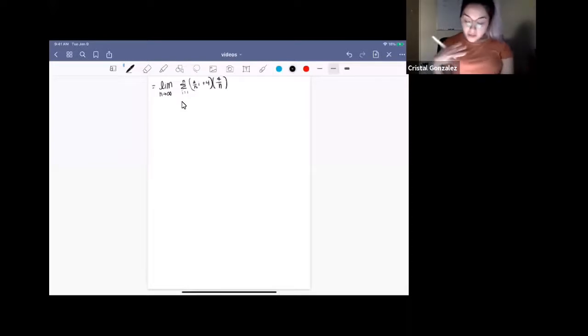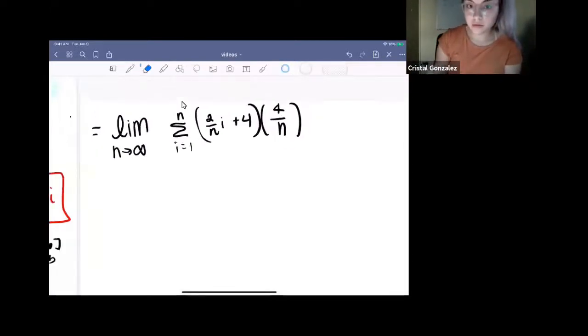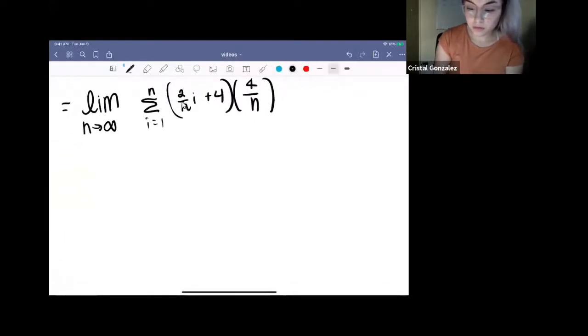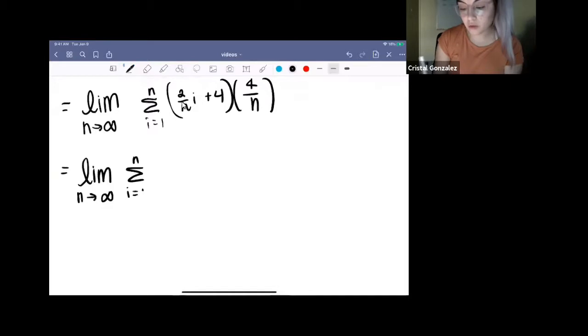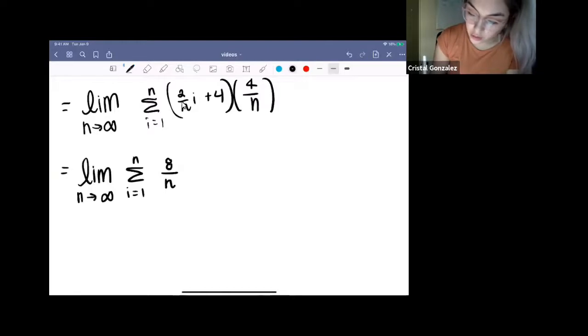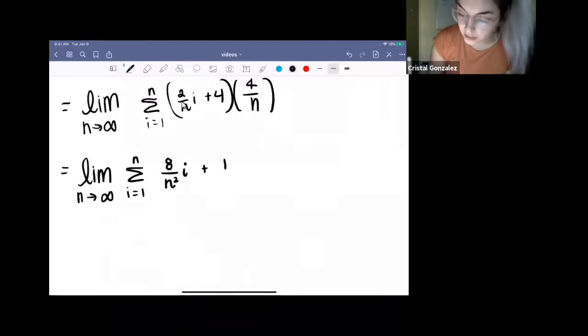If I distribute that over, we're going to get the limit as n approaches infinity of the sum from i equals 1 to n. Distribute that 4 over n, and then we're going to get 8 over n squared i plus 16 over n.